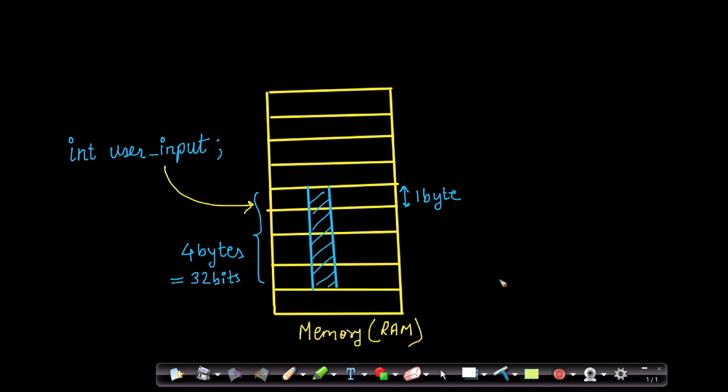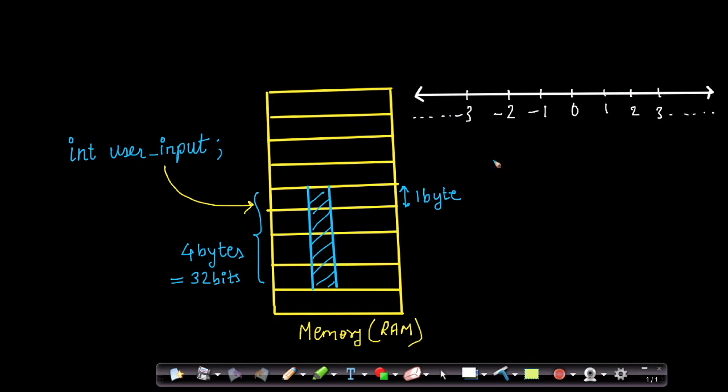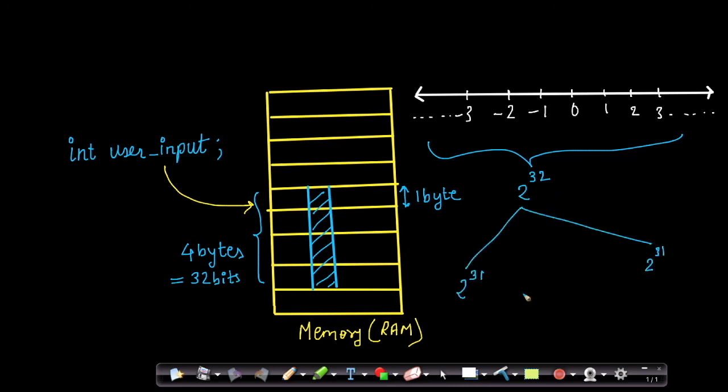So now let's try to determine what is the maximum number that we can store when we say the user input is of type integer. Let's try to figure this out on a number line. With the 32 bits that we have, and given that we want to store both the negative integers and the positive integers, overall we'll have 2 raised to 32 number of integers that we can accommodate. If we want to have an equal number of both of them, we'll divide this number by 2.